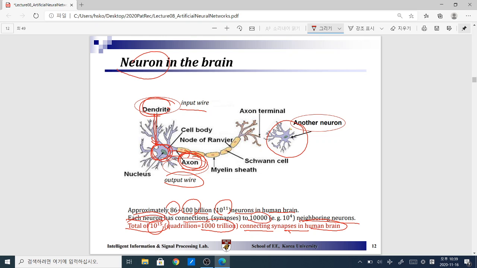So between one neuron and another neuron, you have this connecting wire, and this connecting wire is also called a synapse. And how many synapses do we have in each human brain? Roughly 1,000 trillion, or 10 to the 15 connecting wires.